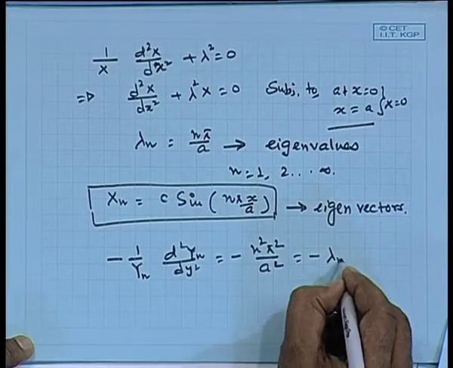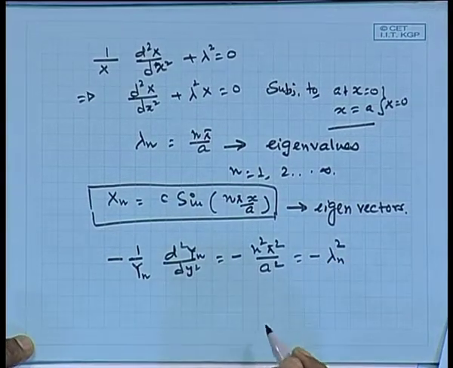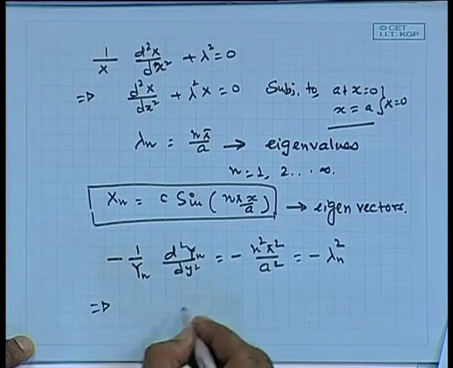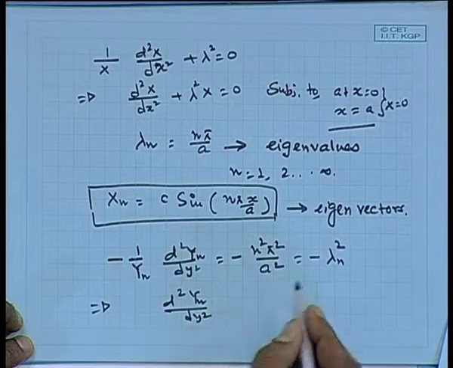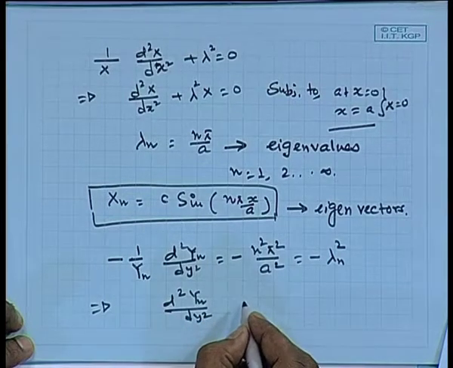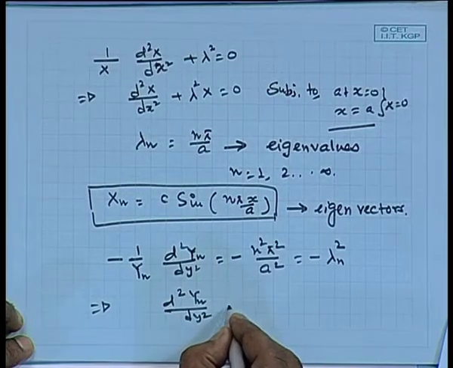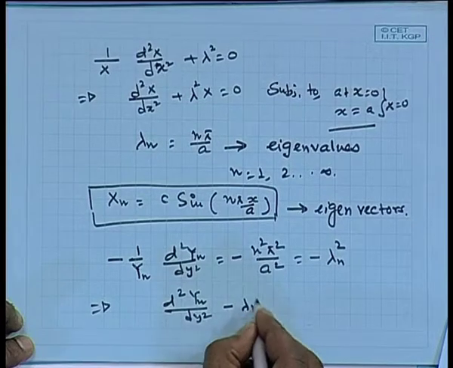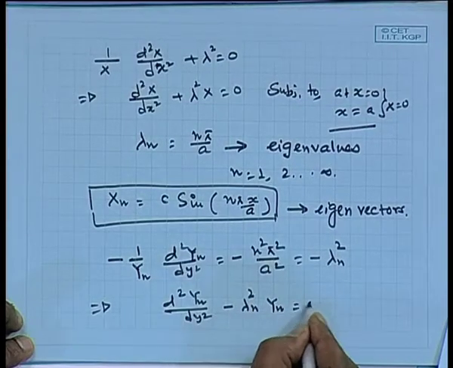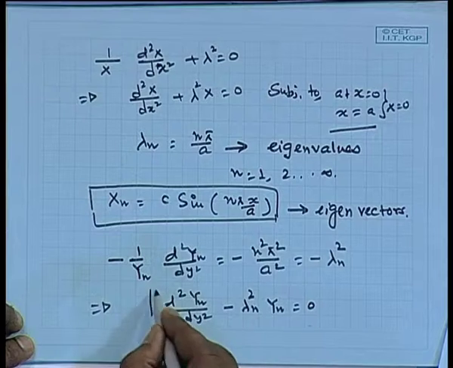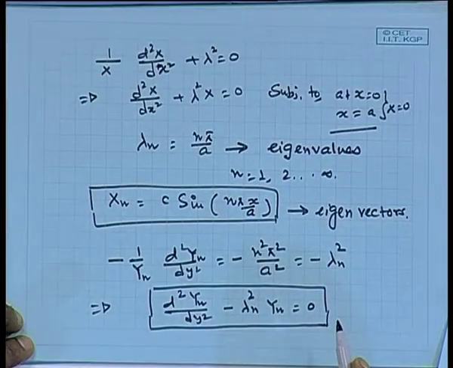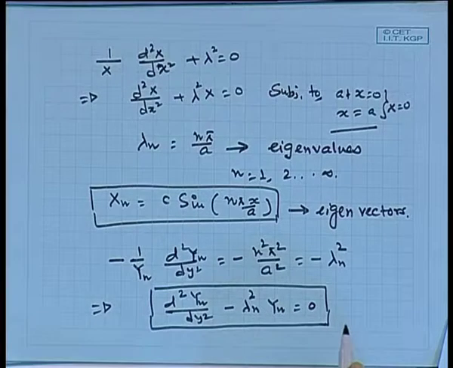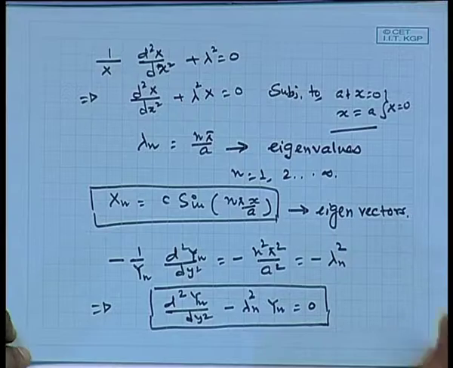So, let us write it as minus lambda n square, fine. So, the governing equation will be d²Yn/dy² minus lambda n² Yn will be equal to 0, right, fine. Now, what is the solution of this? It will be containing the exponential function, right.